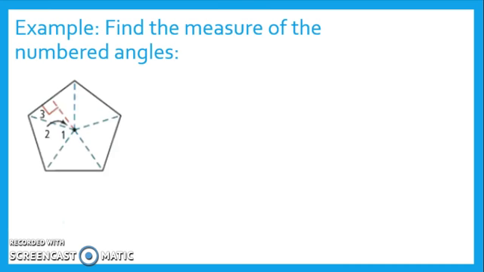To start with an example, find the measure of the numbered angles. Angle 1 is 360 divided by the number of sides. Here there's a pentagon, so it's 360 divided by 5, which is 72. So one of those 5 triangles has a top angle of 72.